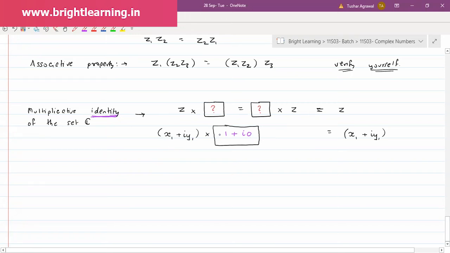So the real part is x1. And what will be the imaginary part? The imaginary part of x1 will multiply by 0, so it becomes 0, and y1 will multiply by I, the answer will be y1. So the multiplicative identity is 1 plus I times 0.